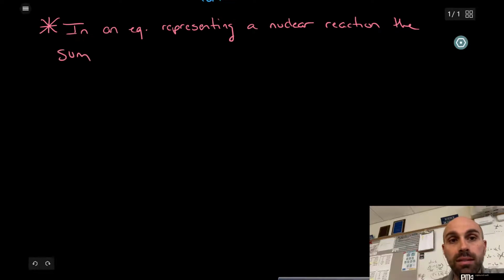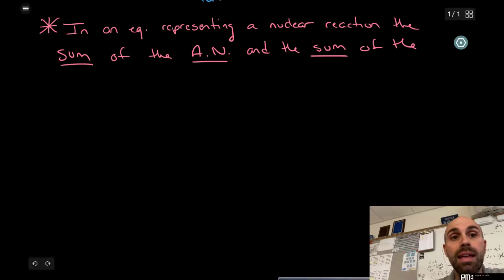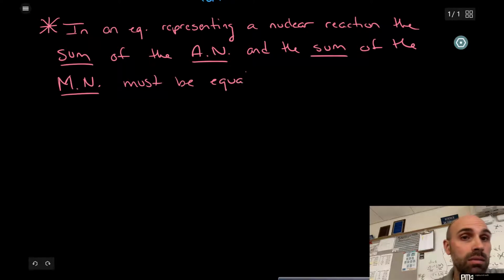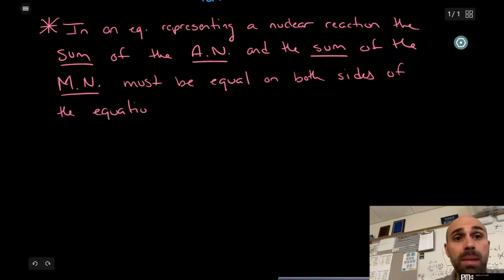You want to make sure that the sum of the atomic numbers, AN, and the sum of the mass numbers on either side of the equation have to equal each other. Meaning if your atomic numbers on the left side of the arrow equal 5, your atomic numbers on the right side of the arrow also have to equal 5. Same thing with the mass number.